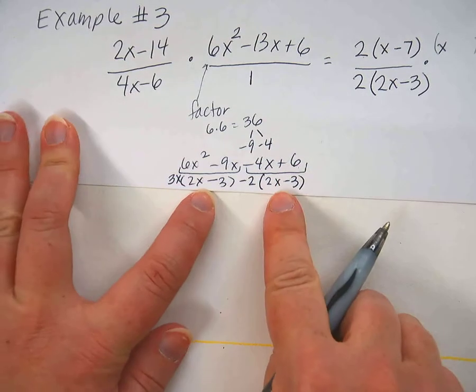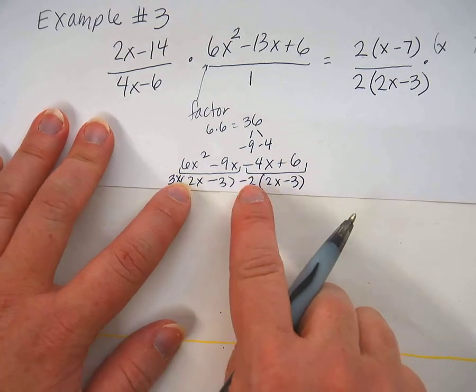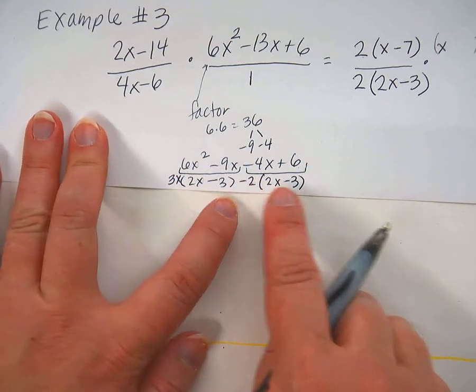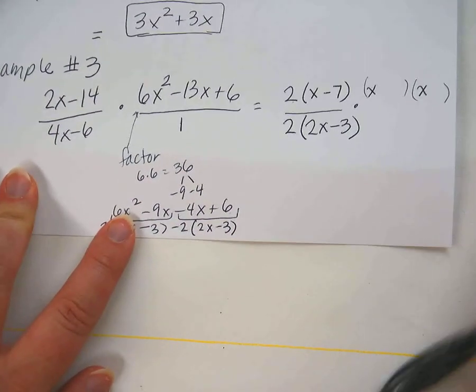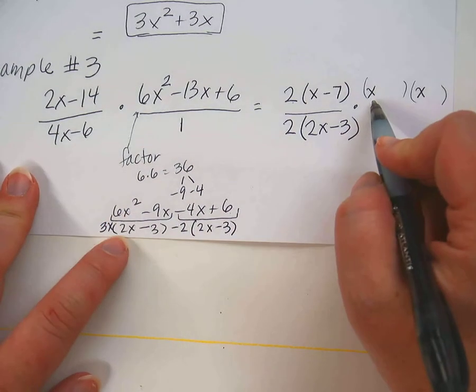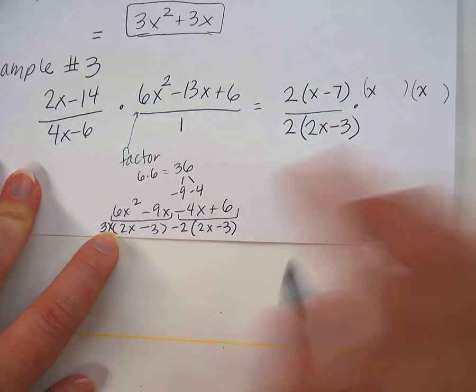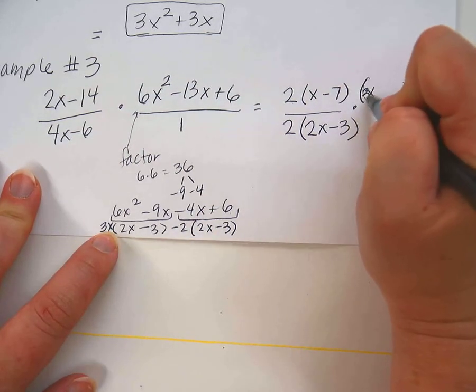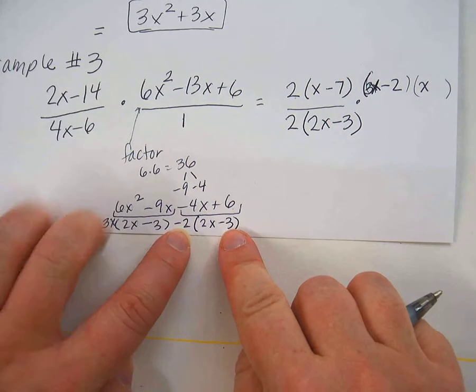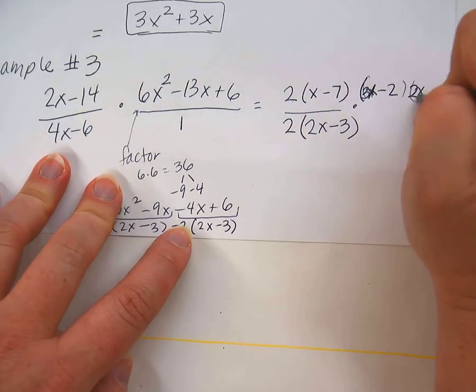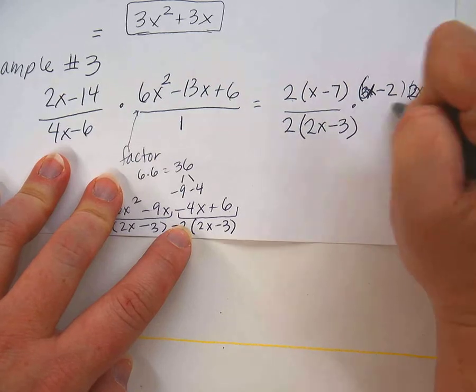Do those match now? So now these two become a group, and these two become one group in our factoring. So earlier when we drew this, we're going to have to modify this. So we have 3x minus 2. So 3x minus 2 is one of our two groups. And then this one, 2x minus 3 is the other group.